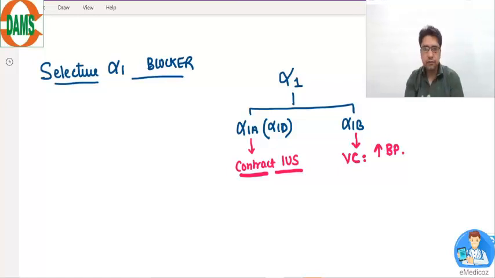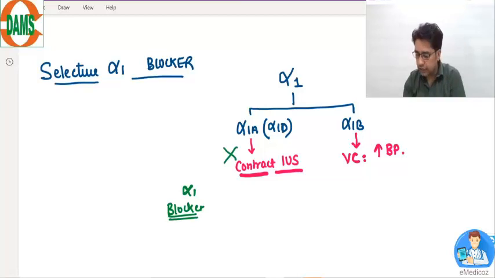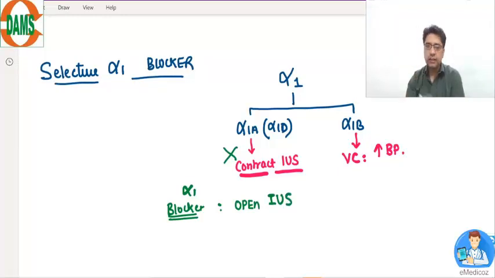We know this part. So if you talk about an alpha 1 blocker, can we say it will block this action? So it will open the internal urethral sphincter. I hope you remember the internal urethral sphincter was present below the bladder.